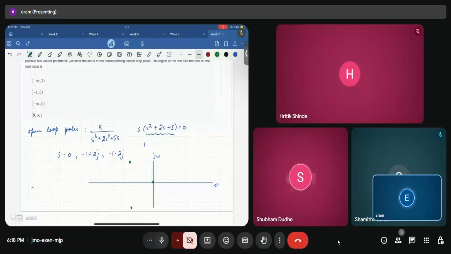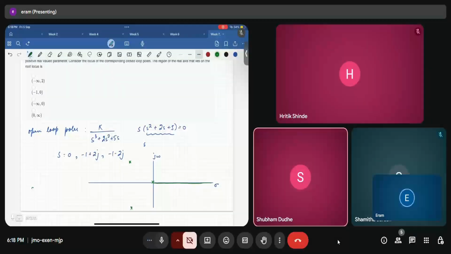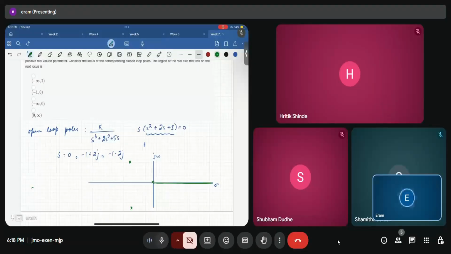First, let's check this part. To the right of it there are no open loop poles and zeros.